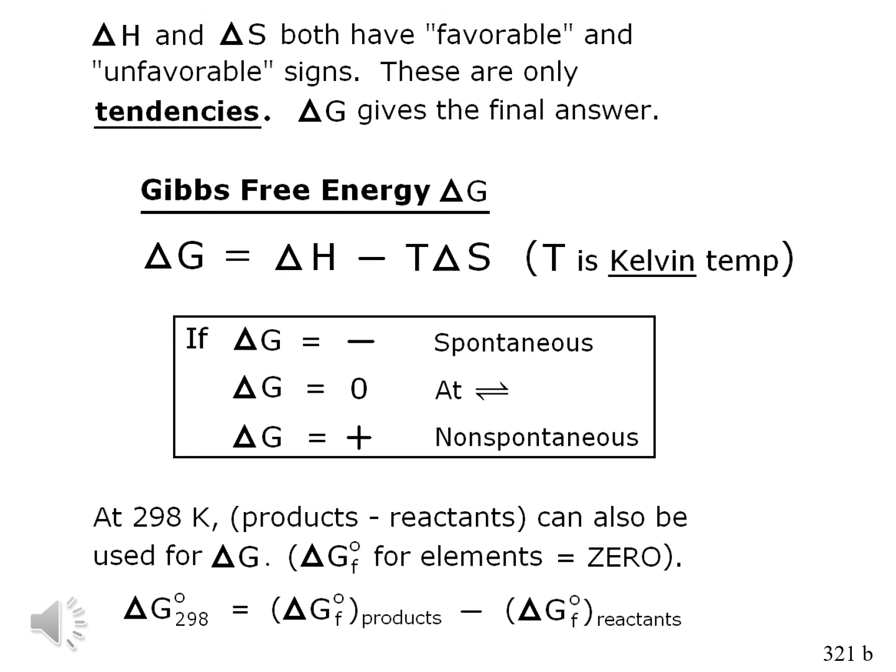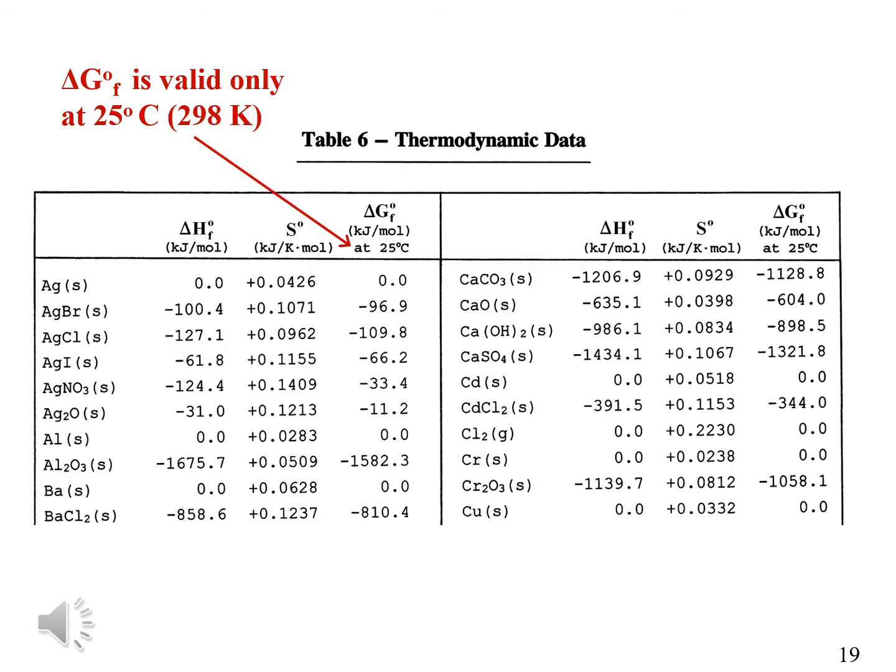You can calculate delta G from that equation, but there's another way to do it. If you're at 298 Kelvin, you can calculate delta G from the third column in the table exactly the way you did for H and S. You have to understand, though, that the only temperature that the delta G's are valid at is 25 degrees, or 298.